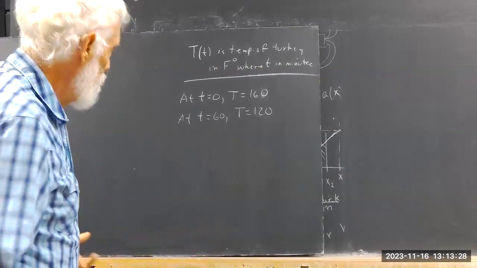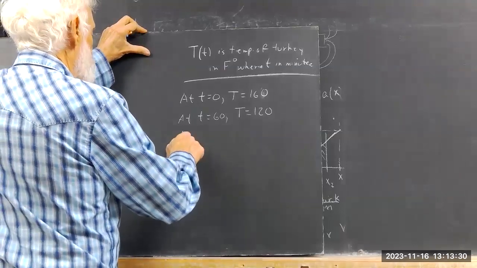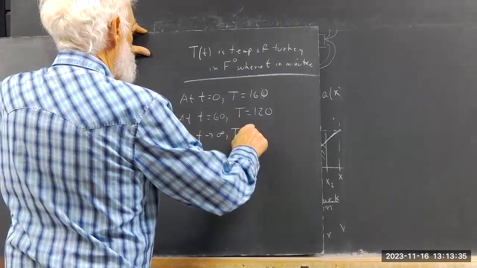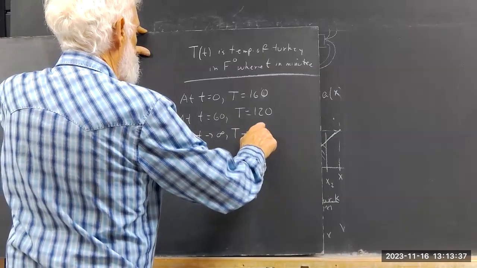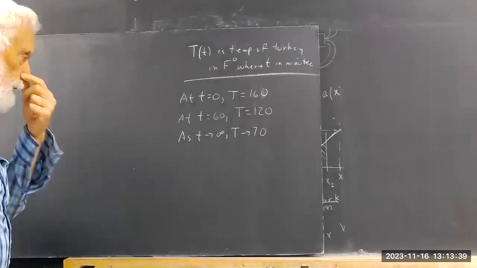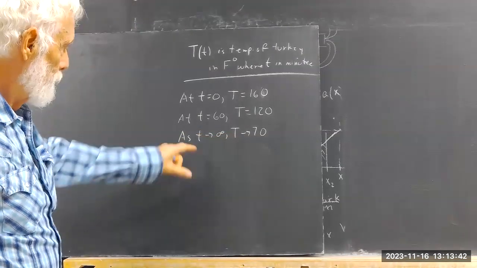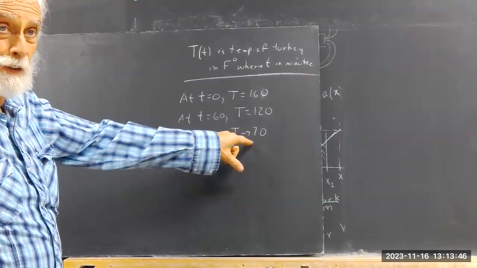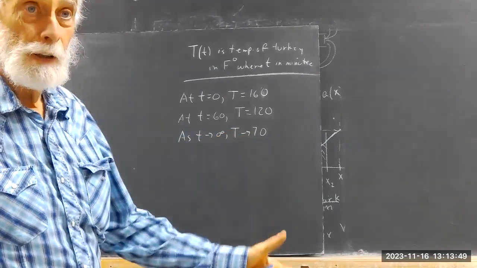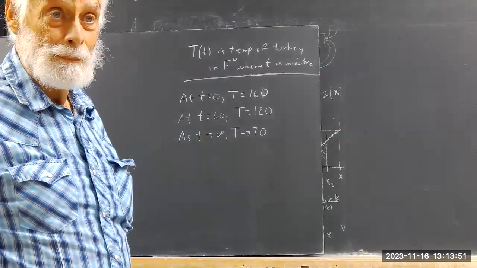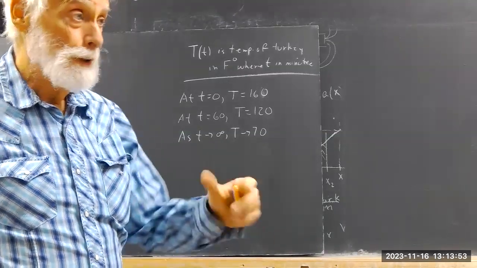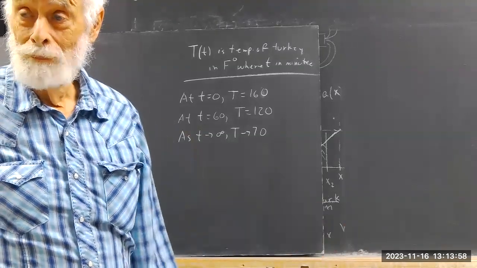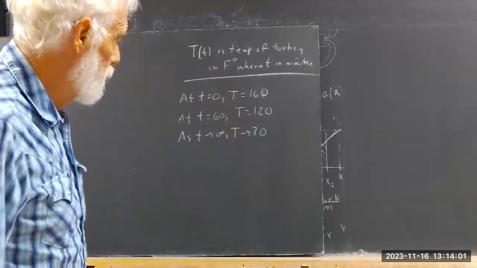Okay, so the asymptote: as T approaches infinity, temperature approaches 70. That means that the turkey is in a room at 70 degrees. Because you take a turkey out of the oven in a room at 70 degrees, the turkey's going to approach 70 degrees. Yeah, it might be a little off because of evaporation and stuff.